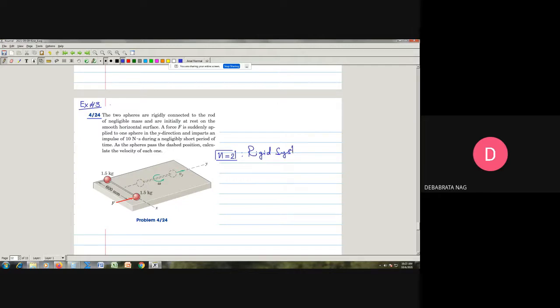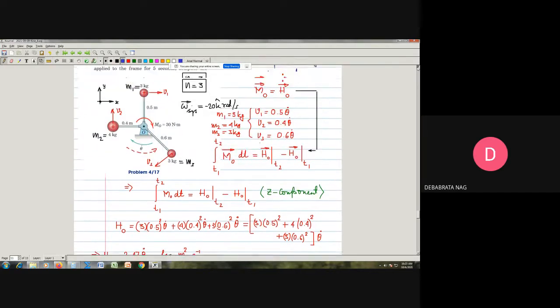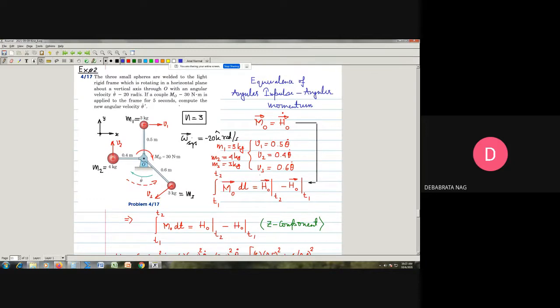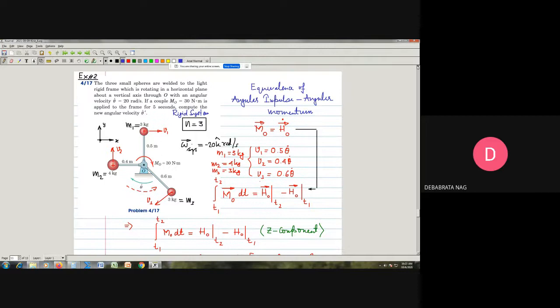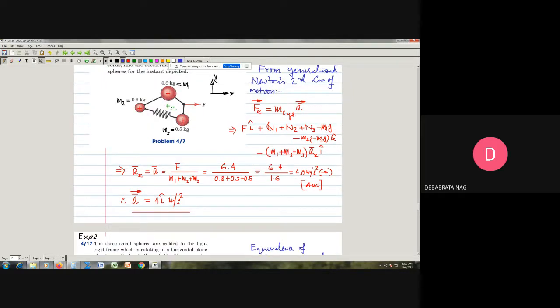In our earlier problem, the one we just discussed, is also an example of a rigid system. But in our example 1, where the masses are connected by cords and springs, we do not have a rigid system. And there the number of masses is n equal to 3.